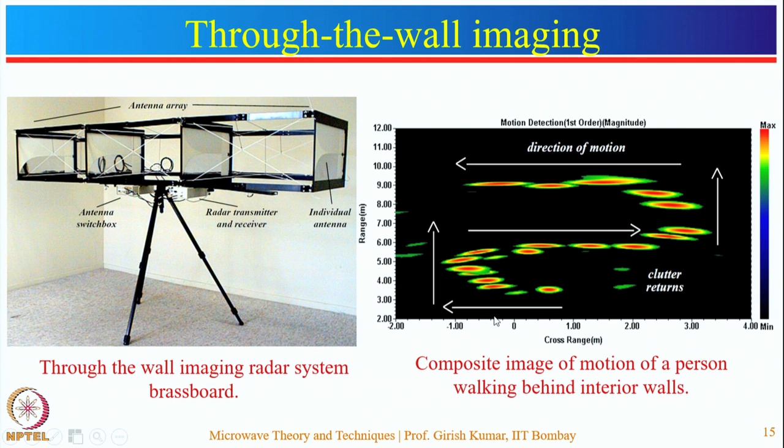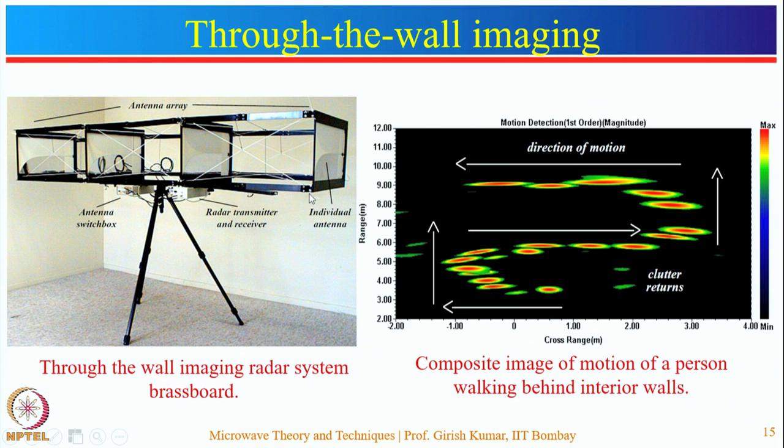So here is the image shown for a person when it is measured using this system. In this case, a person is moving first to the left side, then it is moving towards the wall, then it is moving right side, then it is moving towards the another wall, and then it is taking the reverse motion.